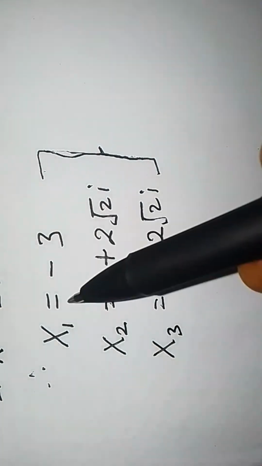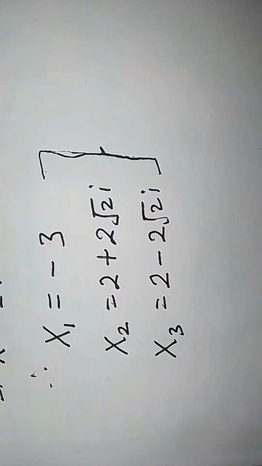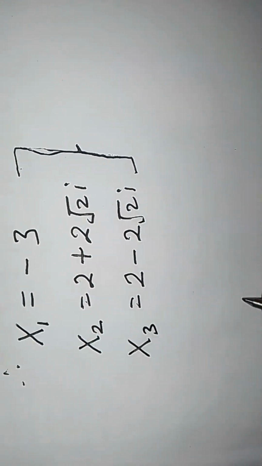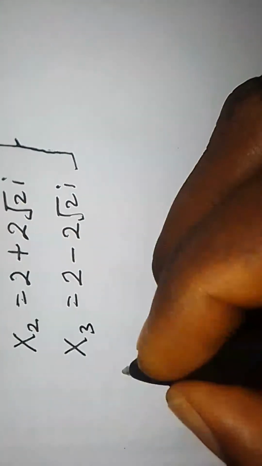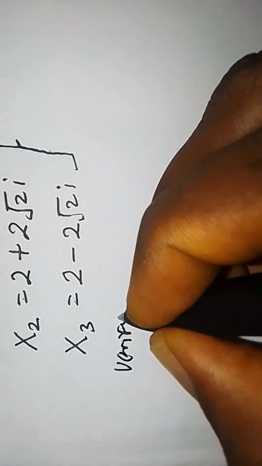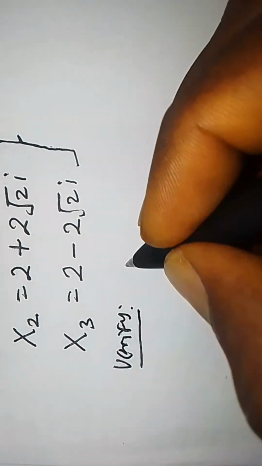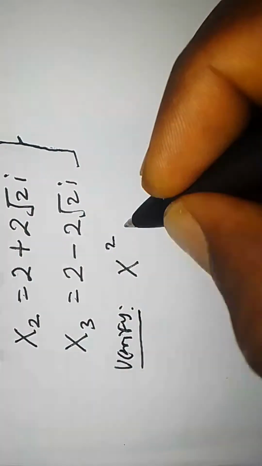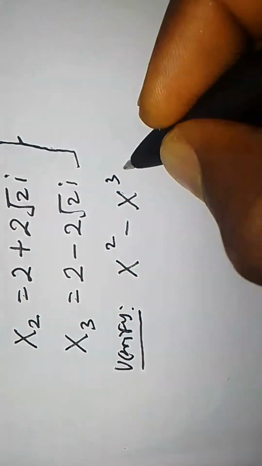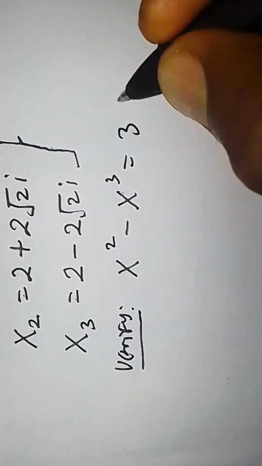But we can verify this first solution. Let us verify it. X1 equals minus 3. Verify using the original equation, x to the power of 2 minus x to the power of 3 equals 36.